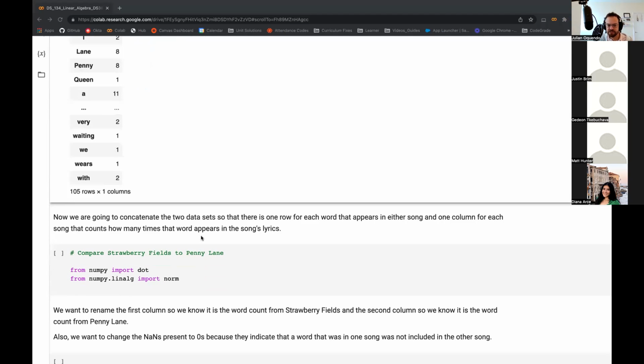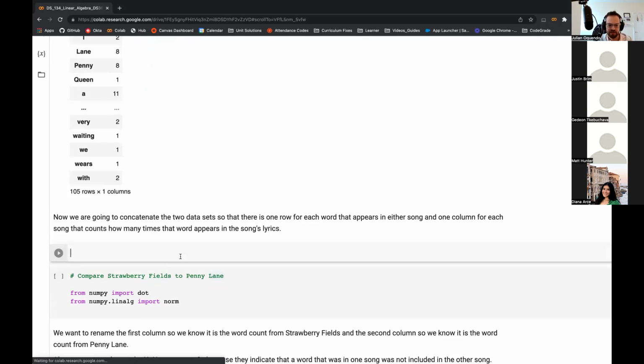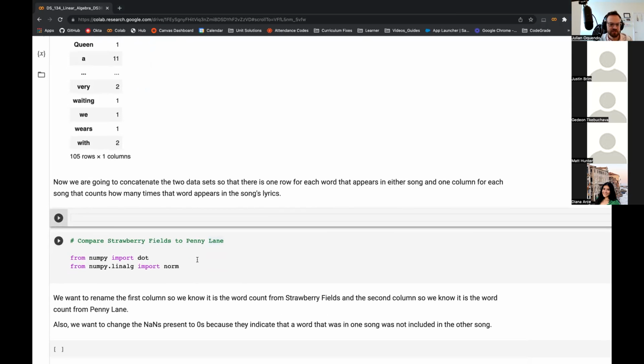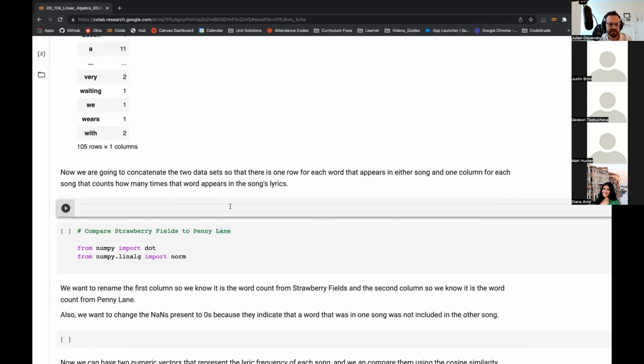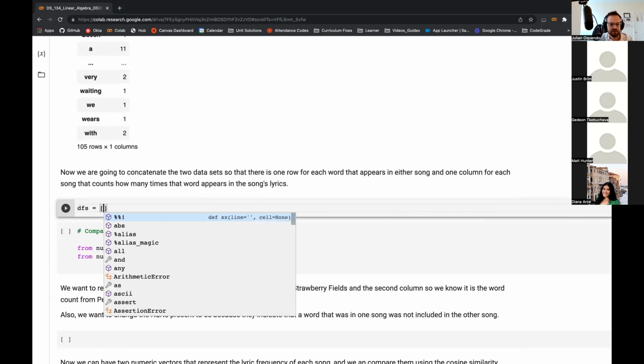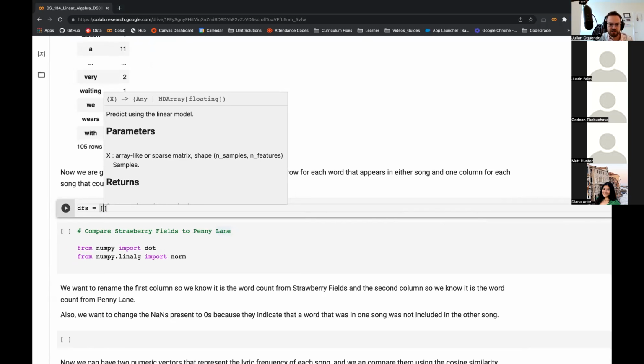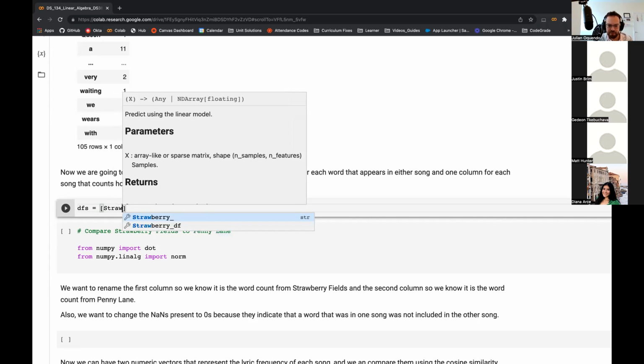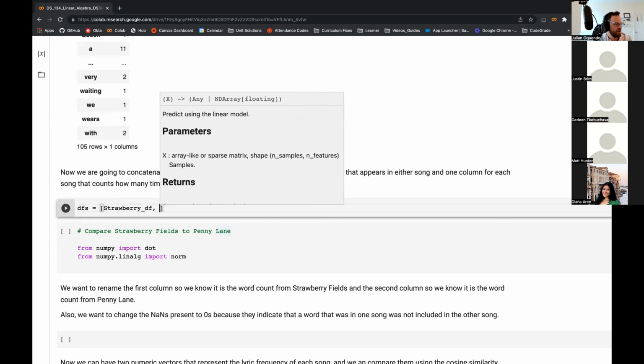Let's put these two data sets together. It's not actually something you have to do, but I do want to keep ourselves organized and fill in some of the missing values. So we're going to join these two objects as a data set. Note that I'm working with my Strawberry DF and my, what did I name my other data set?